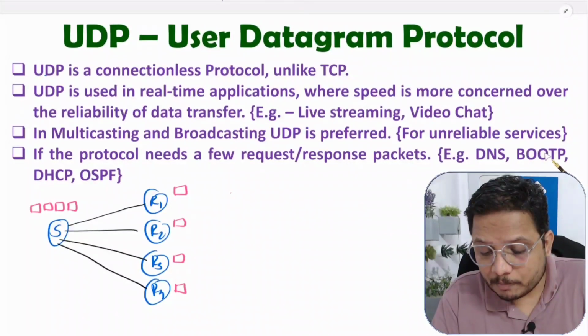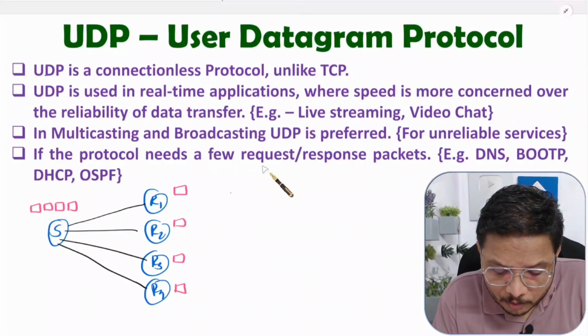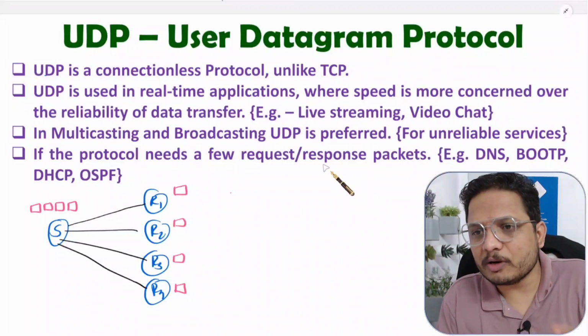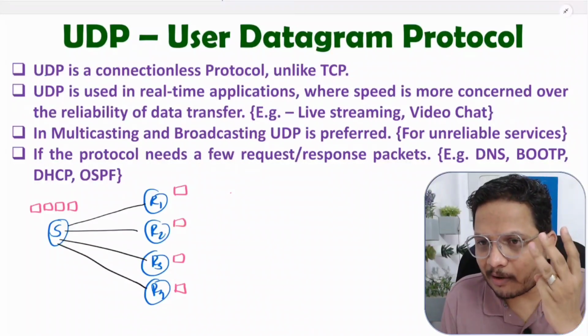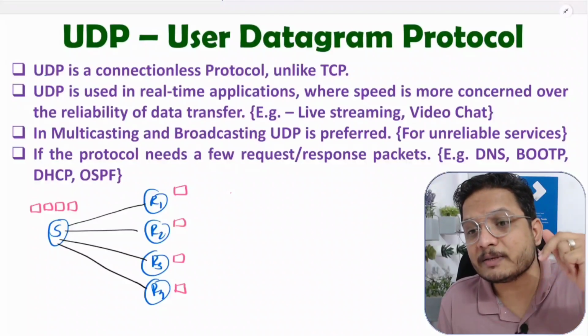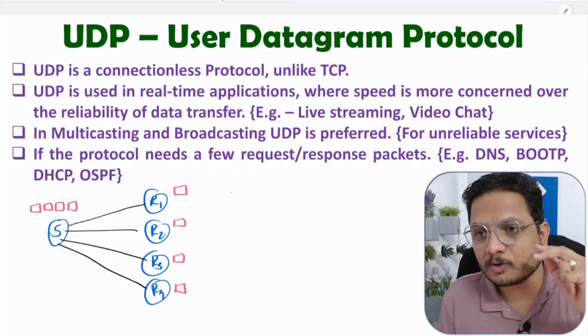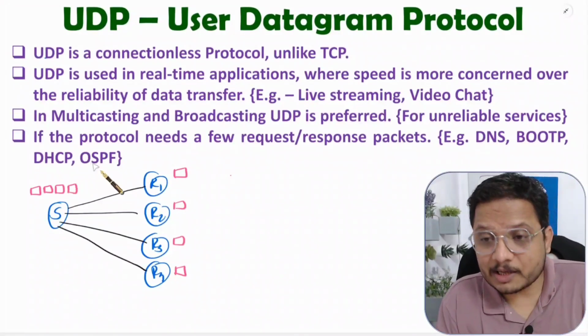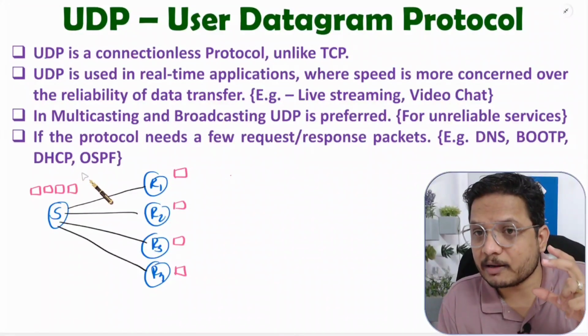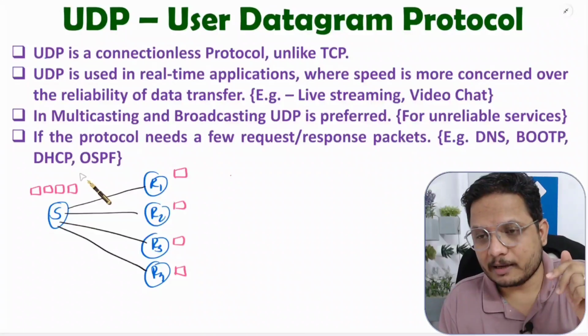But in case of BootP, you just need a few request and response packets. You don't need 3 packets for connection establishment, right? If you have, in that case your services will be very slow. So inherently, you can say these protocols are using services as per UDP, right?